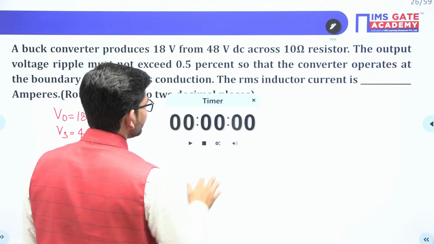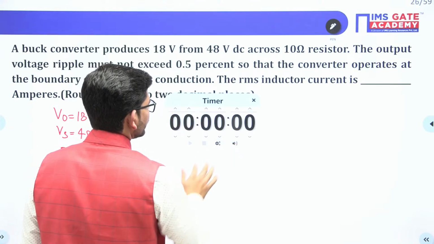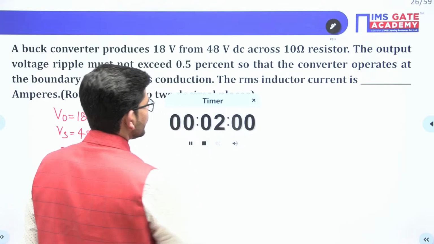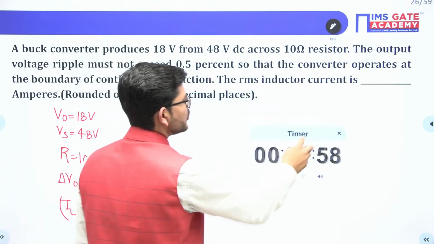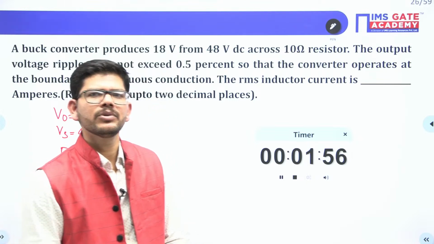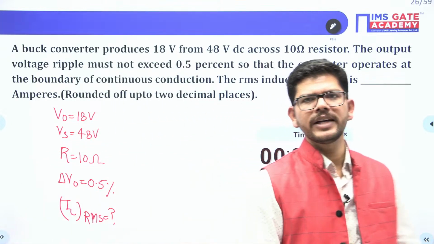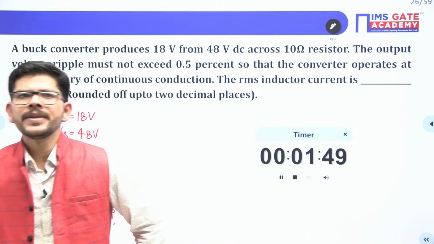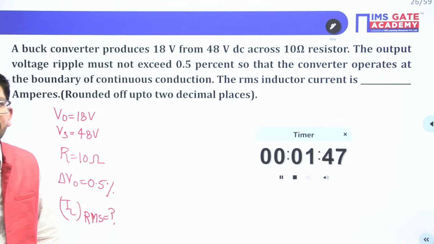So let me give this particular question. I am giving you 2 minutes time and I can expect an answer from your side. Let's see whether you are able to solve this or not. The same kind of question, with this particular data given to us, we have to solve. Take your time and calculate the correct option.